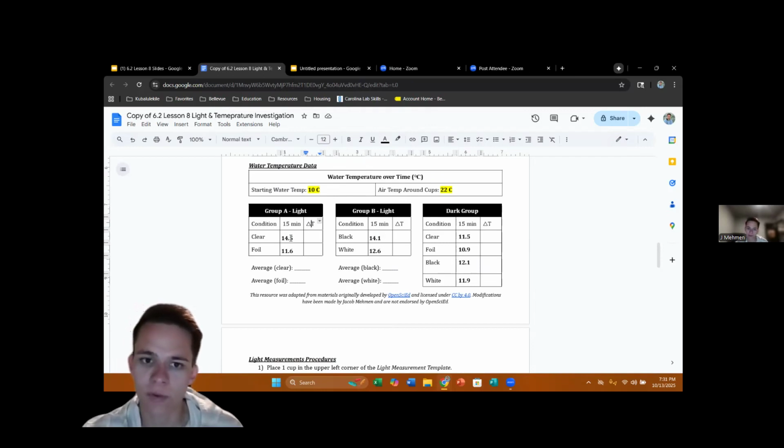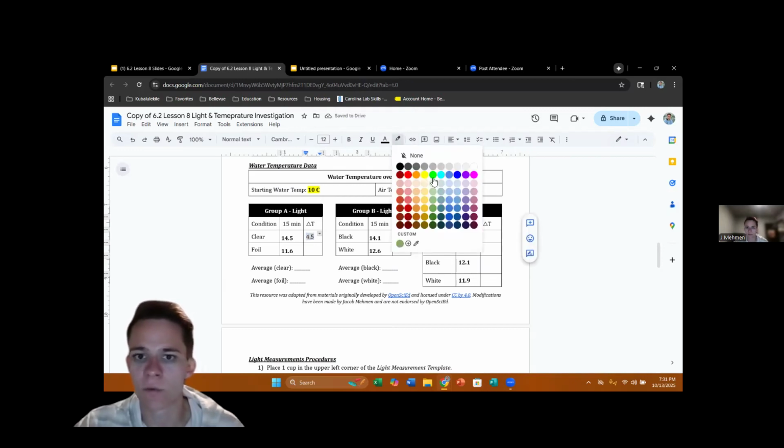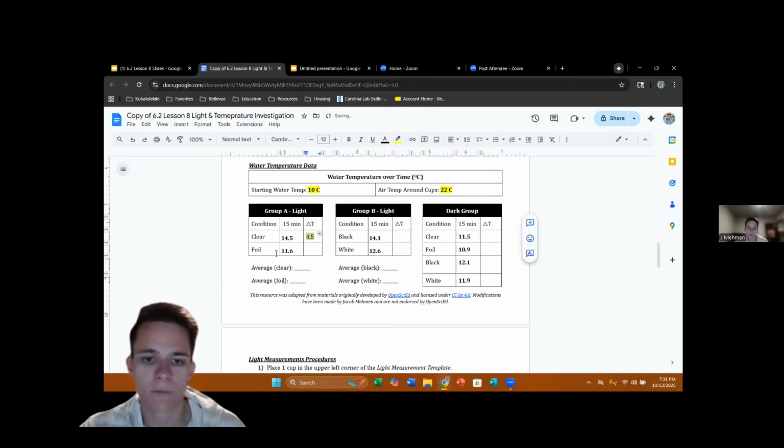If we take 14.5 and we subtract 10, that gives us a delta T of 4.5. I'm going to highlight this because this is the number we're really focused on. For our foil cup, we have 11.6. If we subtract that by 10, we get 1.6.